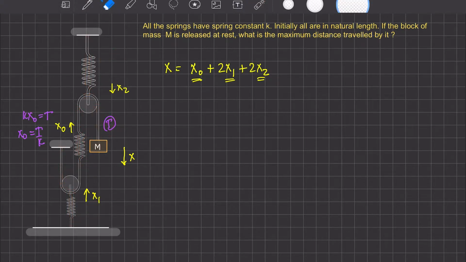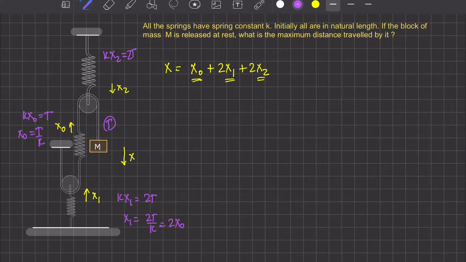So I can say kx1 equals 2T, and similarly kx2 also equals 2T. So x1 equals 2T by k, which equals 2x0, and x2 is also equal to 2x0. Now let's apply these values to our x equation.